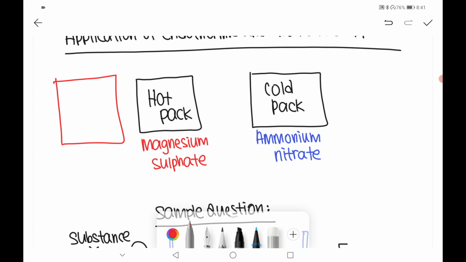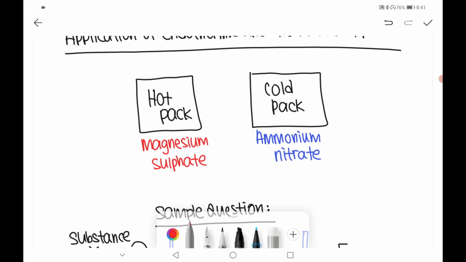You can see that the bag will become hot. Cold pack is the other way around. When you squeeze the bag, the bag will become cold. So that is hot pack and cold pack.